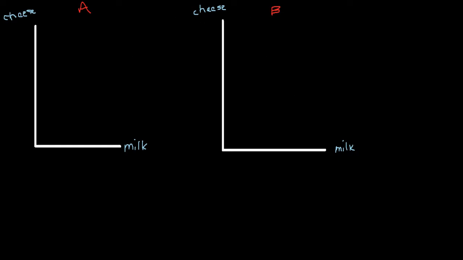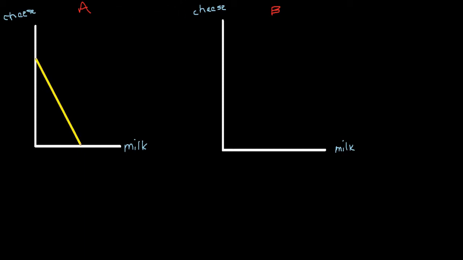All right, so let's say country A has a combination that looks something like this, right? So they can make more cheese than they can make milk. Now, notice on the AP exams, oftentimes they'll try to trick you up. So you really have to look at the numbers.